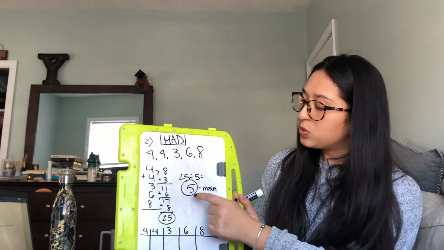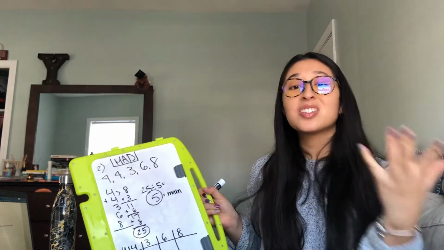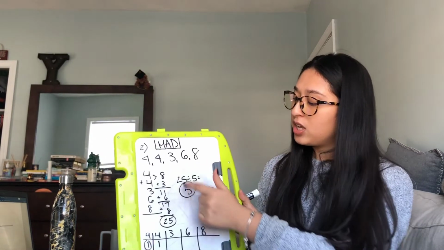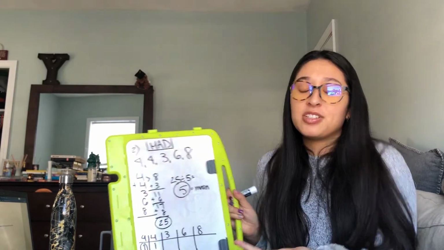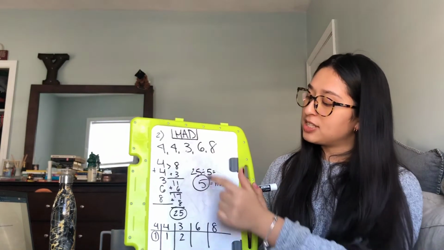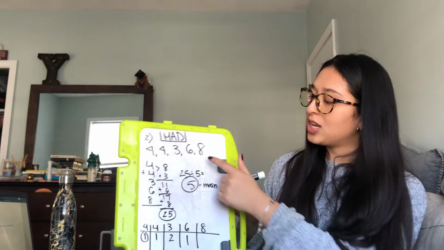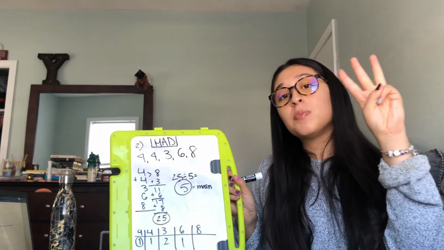The distance between 5 and 4 is going to be 1, right? We're moving in that positive direction. That second value is going to be the same thing. The distance between 3 and 5, or 5 minus 3, is going to be 2. The distance between 6 and 5 is going to be 1. And the distance between 8 and 5 is going to be 3.